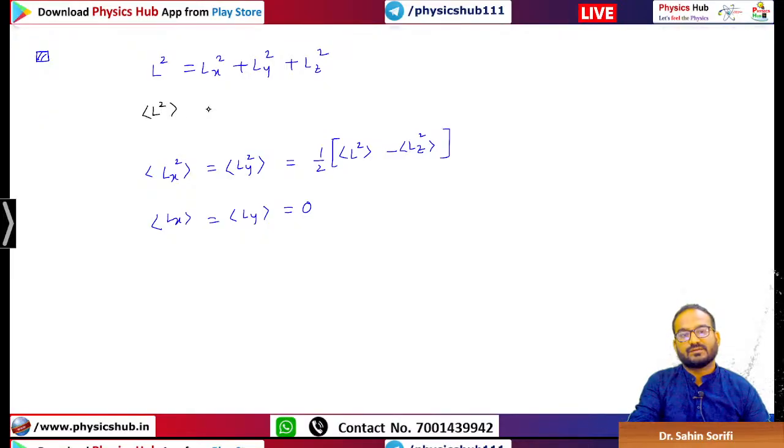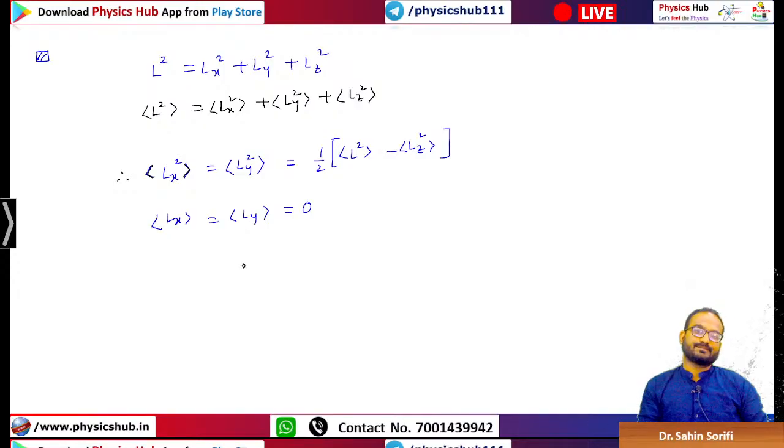L², Lx², Ly², Lz². Okay. Lx², which is equal to Ly², equals half times this. I hope this is clear.